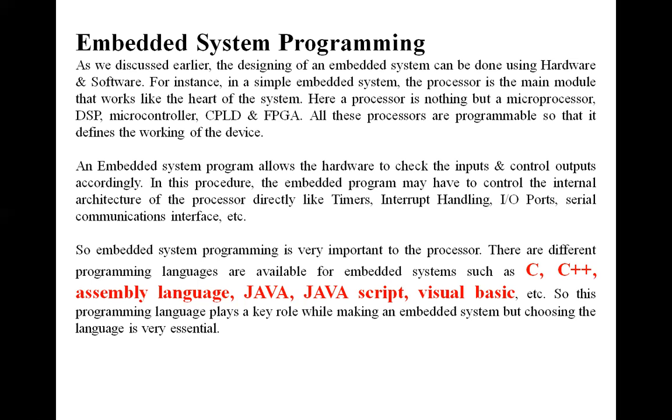The embedded program may have to control the internal architectures of the processor directly, like timers, counters, interrupt handling, IO ports, serial communications interface, etc. The embedded program will help you to initialize all these things, in case you have defined them in the program.